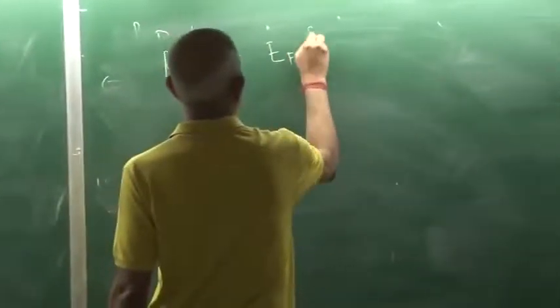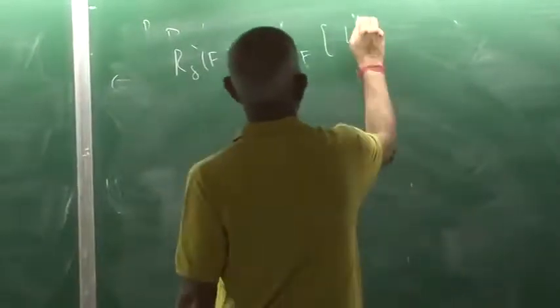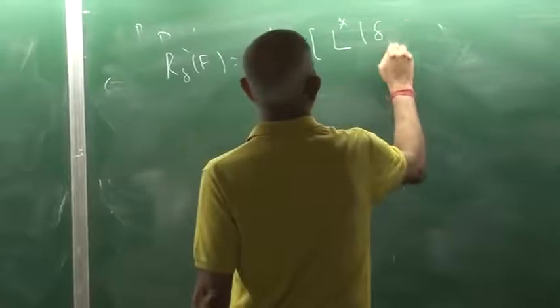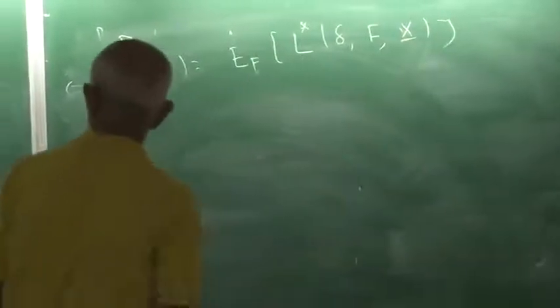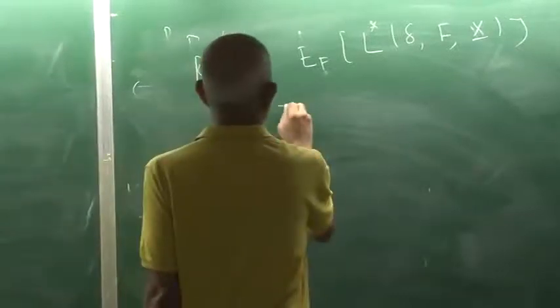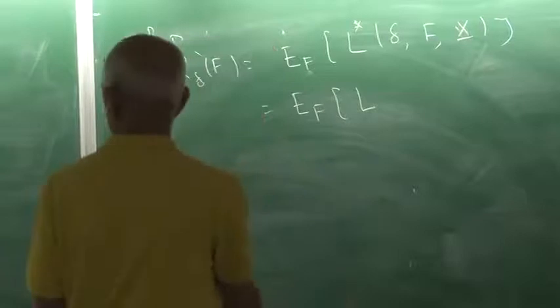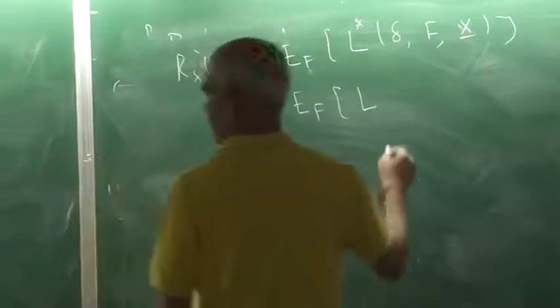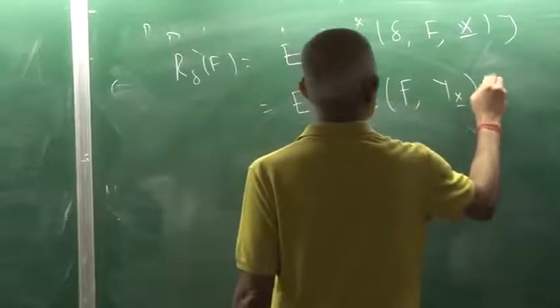So this is the same as E_f, that means when x has distribution function f, of L star of delta, f, x, which is nothing but E_f of L(f, Y_x).